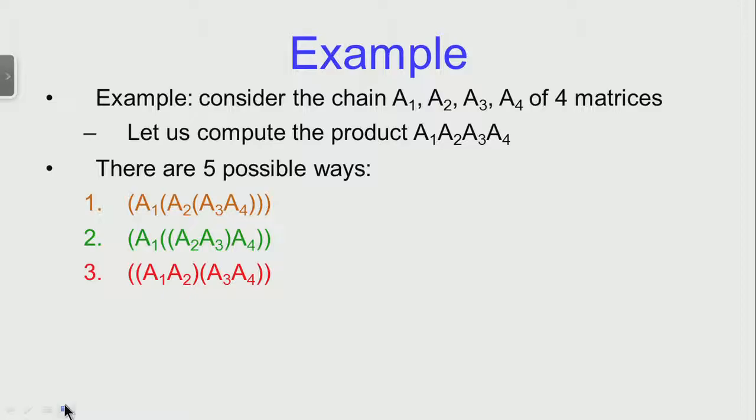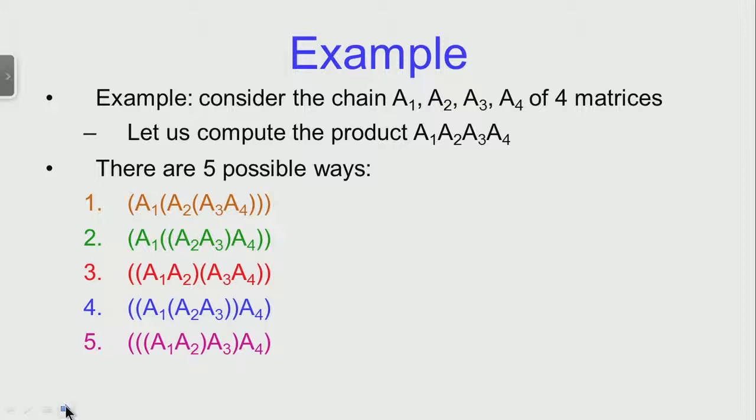One contains the matrix product A1, A2, and the second contains the matrix product A3, A4, and again using expression evaluation rules, the leftmost innermost parenthesis is evaluated first. Therefore, the product A1, A2 is evaluated first, then the product A3, A4 is evaluated, then the 2 results are multiplied, and this is given as the result of the matrix product of the 4 matrices. The following 2 are symmetric to the second and first respectively, and the explanation is similar.